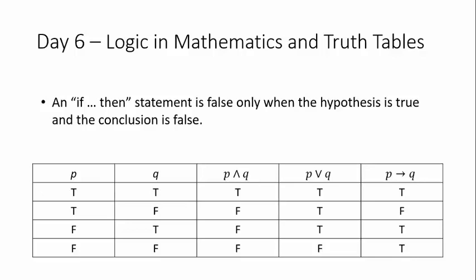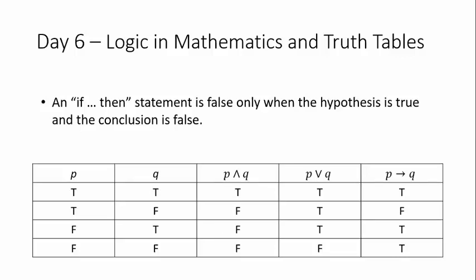So you'll notice when P is true and Q is true, that if P then Q is true. When P is true and Q is false, then the statement if P then Q is false. So this is the only time we see a false. When P is false and Q is true, our statement if P then Q is true.